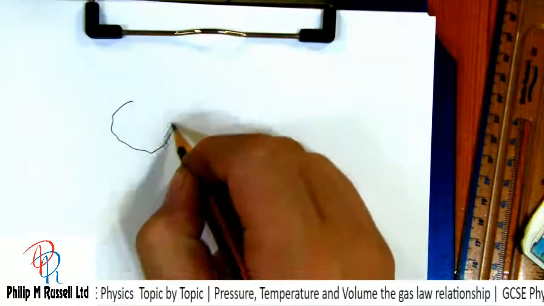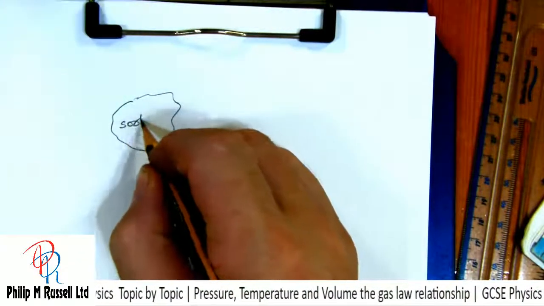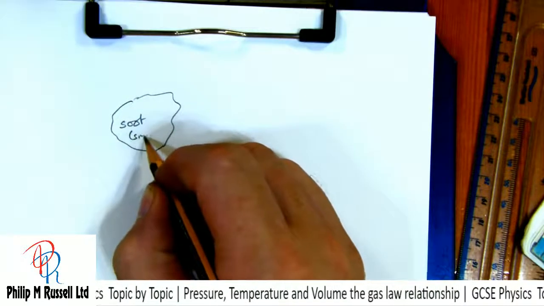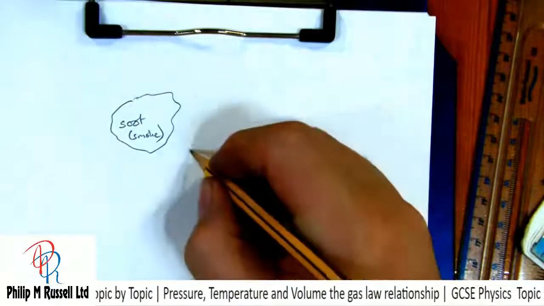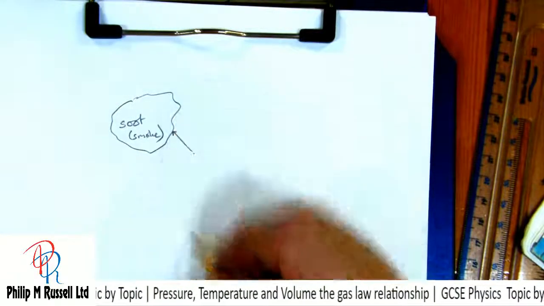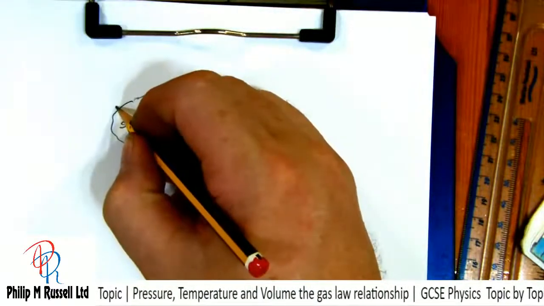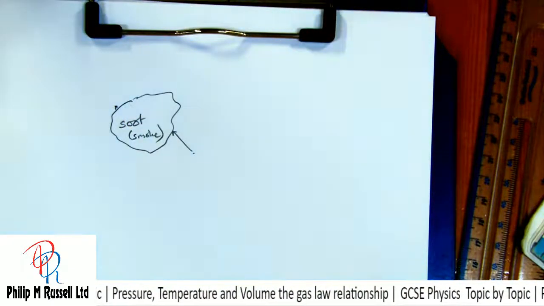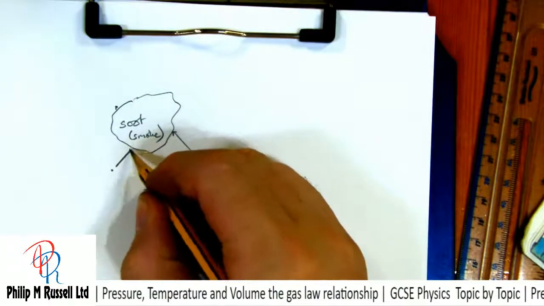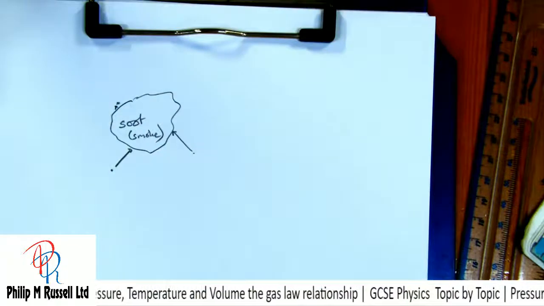So here is my particle of soot. This is my bit of smoke, and this is collided with by an atom moving at high speed, and this causes this soot particle to move a very small amount. But another one might come along, and then it moves another small amount.